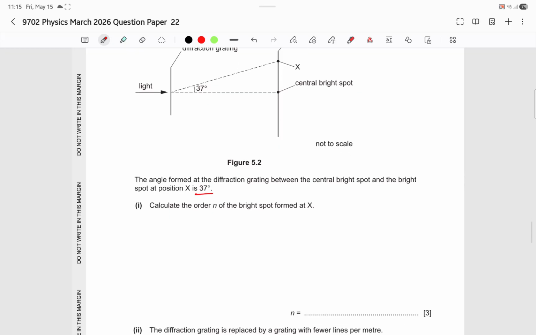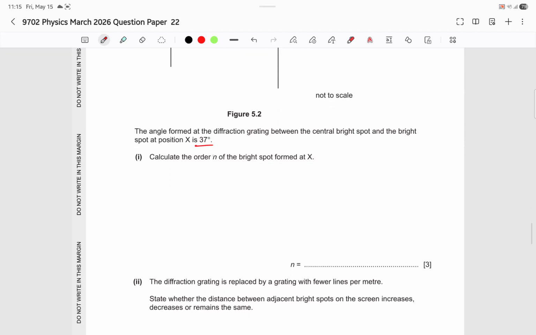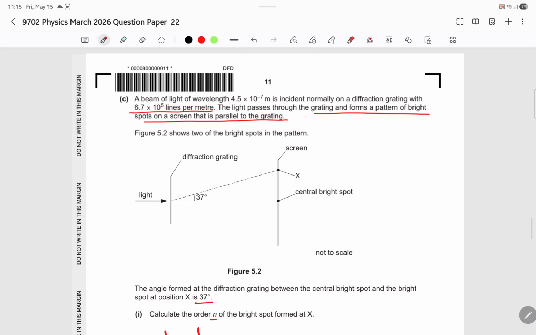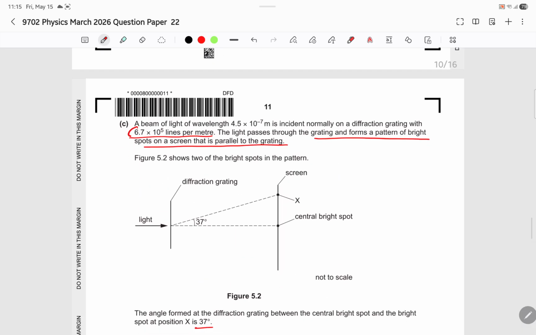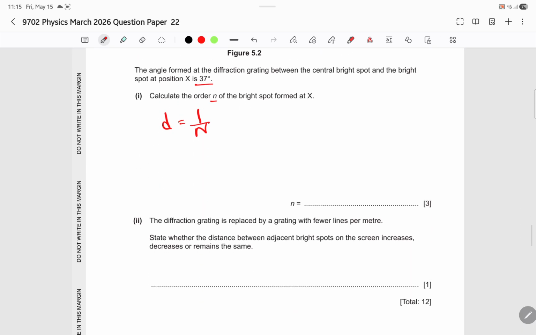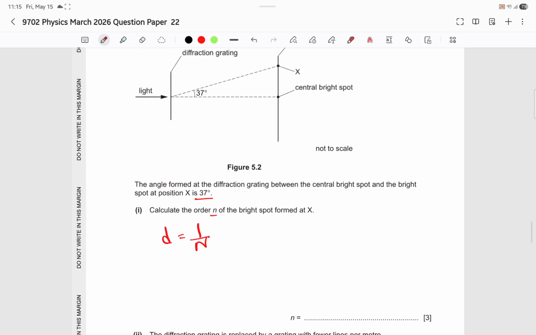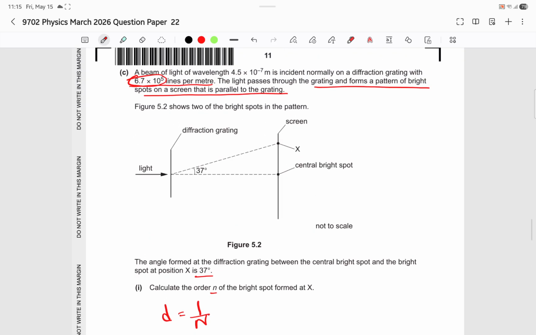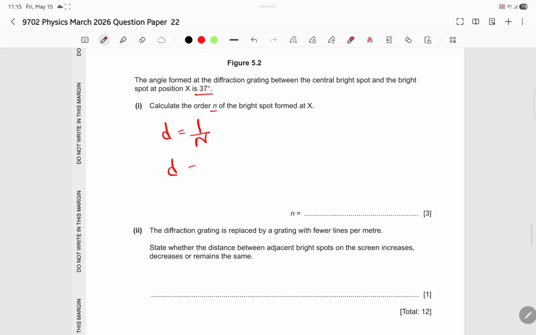So we can use a formula here. n, and d is also given. No, d is not given, that's the wavelength. So we have to find d first. So d is 1 by 6.7 into 10 to the power 5, I think.